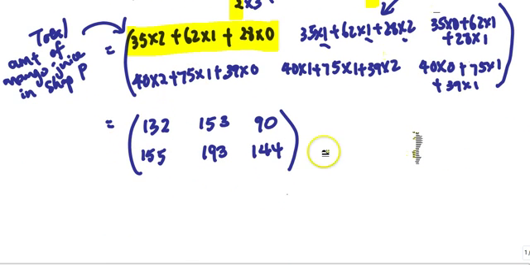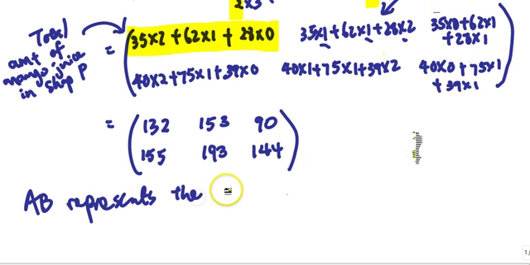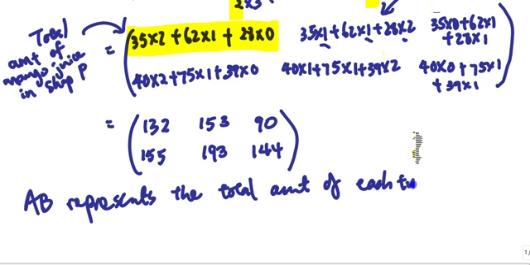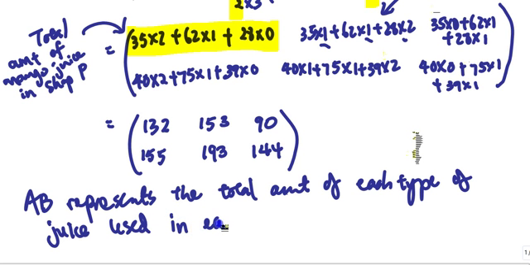So if you look at the summary of all these elements, AB actually represents the total amount of each type of juice used in each shop respectively.